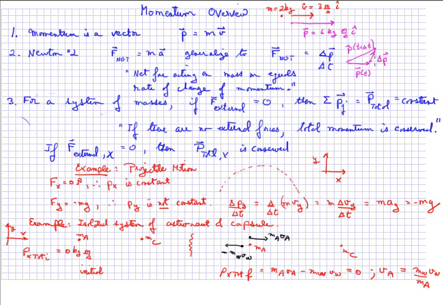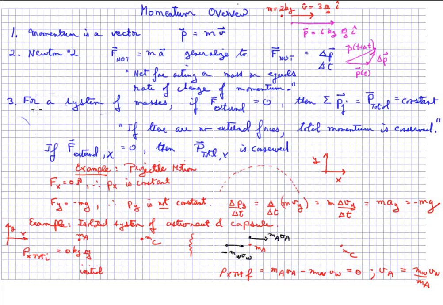And so this would be the change vector for the momentum, and according to this second statement of Newton number 2, the net force would be in that same direction. In words, net force acting on mass m is equal to the rate of change of momentum.